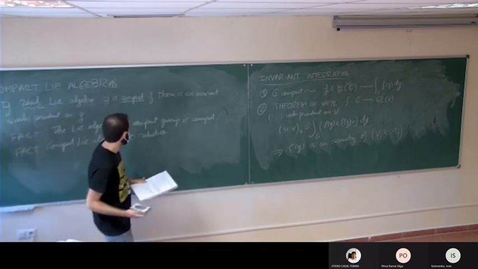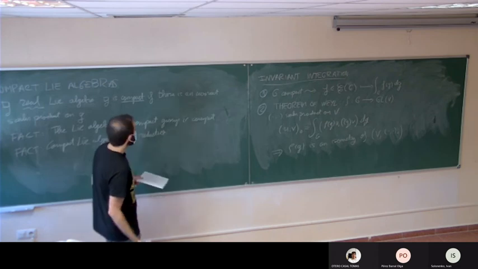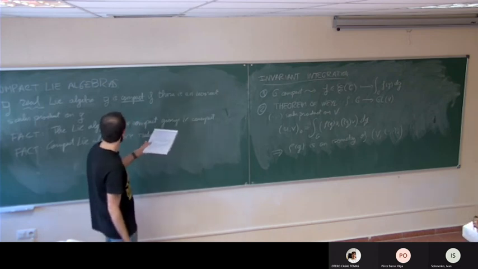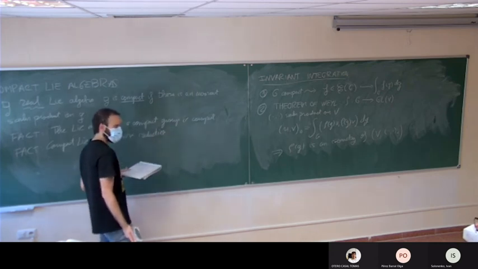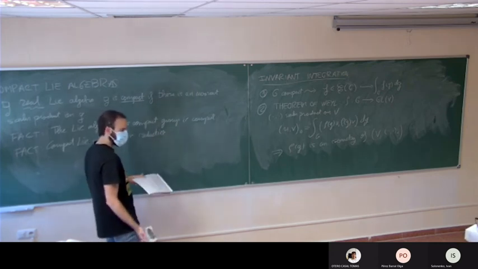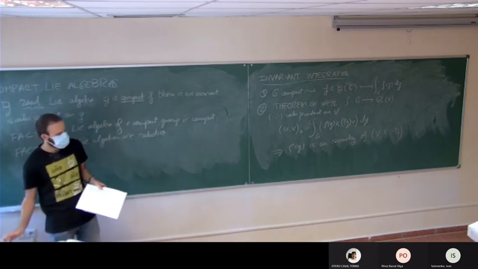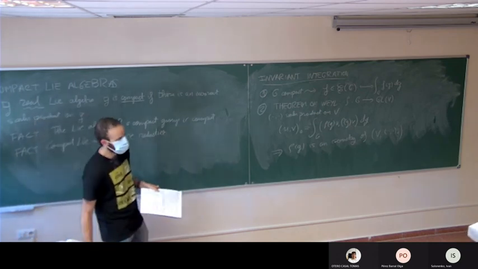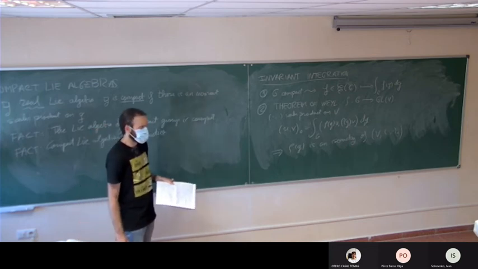The converse of the first fact isn't true. What is the converse? That if you have a compact Lie algebra, then there is a Lie group which is compact. That's still true. What is not true is that every Lie group with a compact Lie algebra is compact.